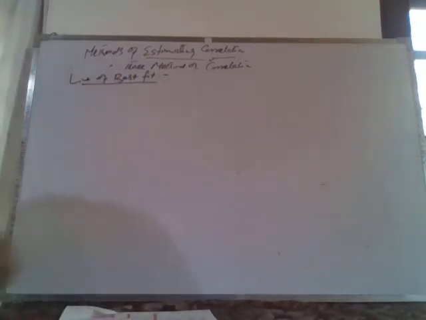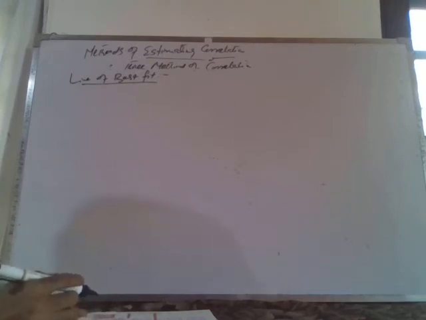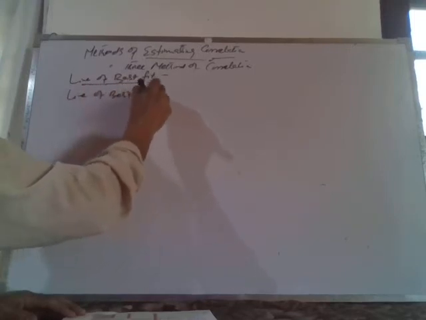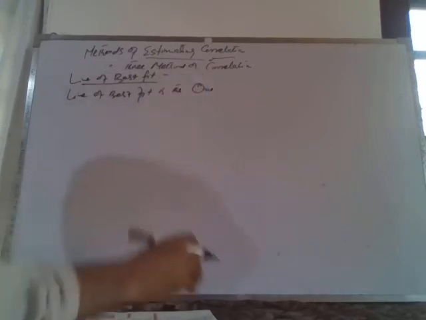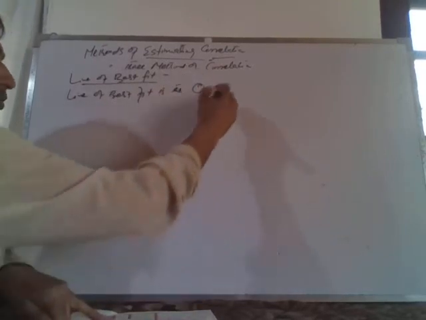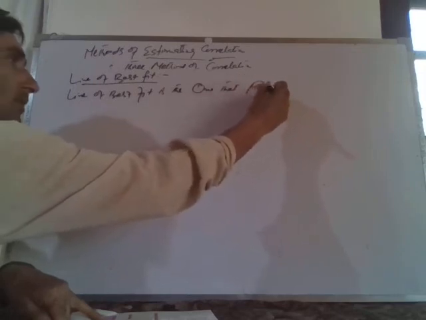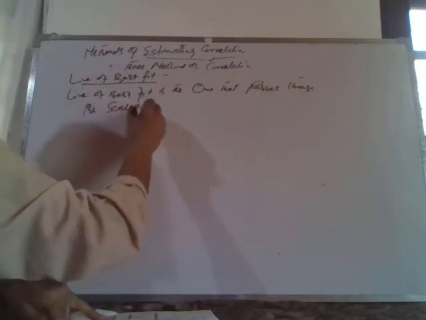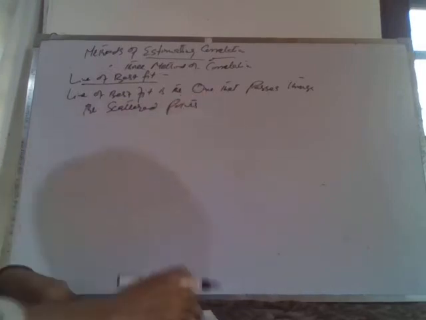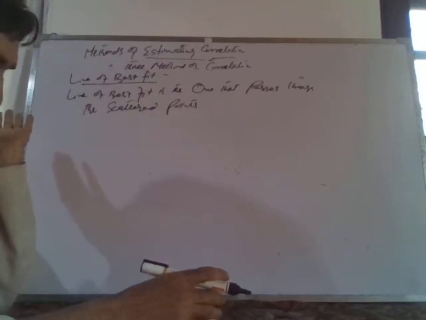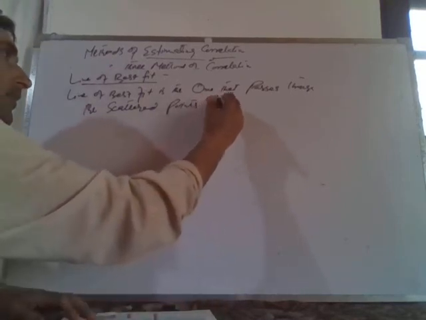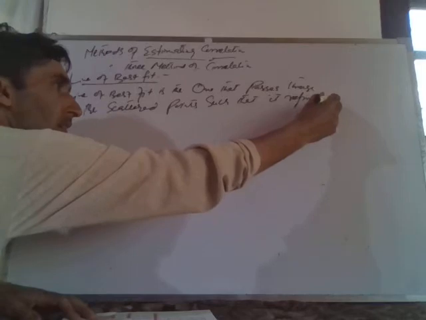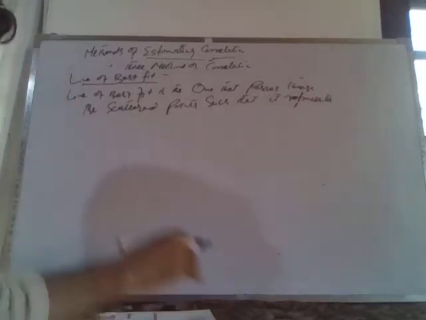इसी तरह ये लाइन ऑफ बेस्ट फिट क्या होता है, जिस तरह हमने देखा है. Line of best fit is the one that passes through the scattered points such that it represents most of these points.